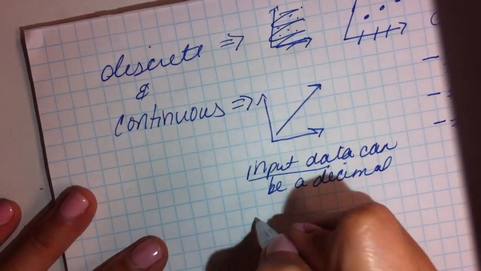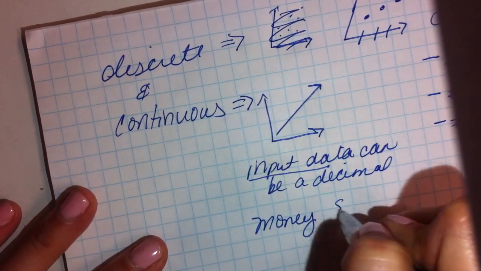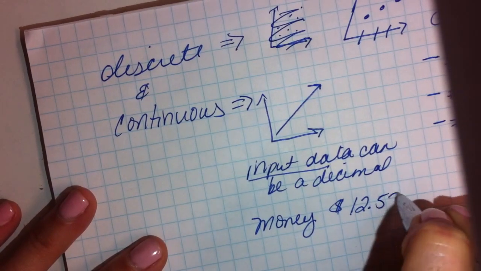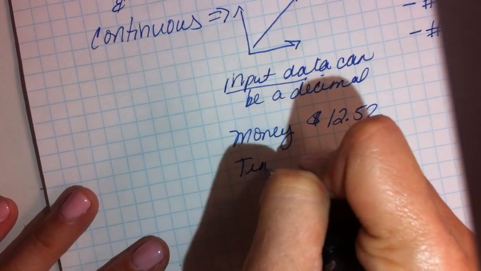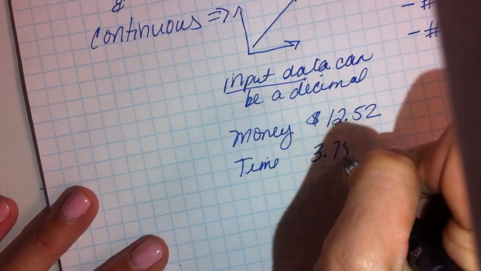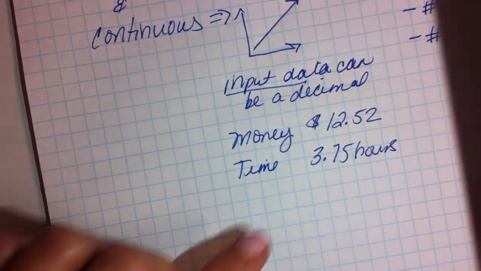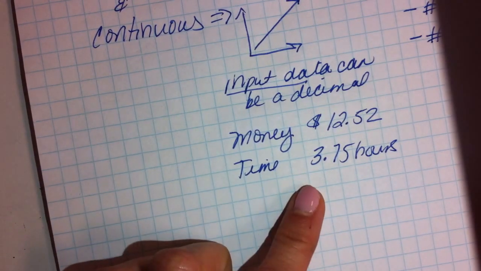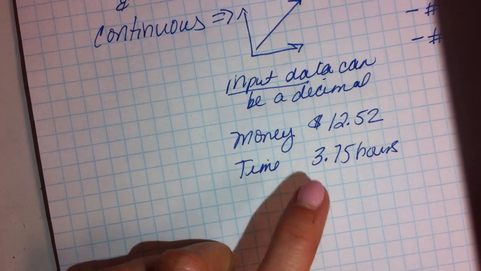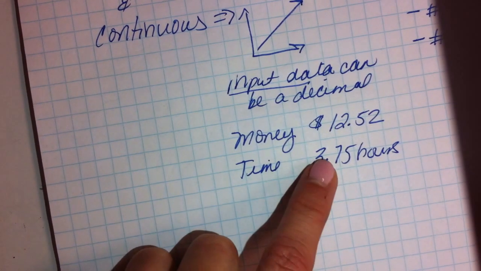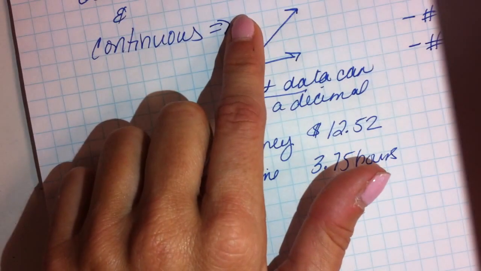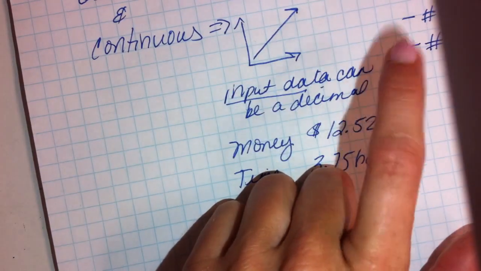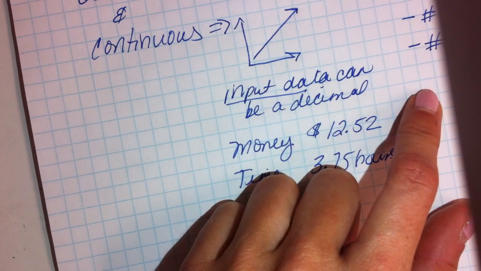For instance, money. Money can be a decimal. It can be $12.52. It can be time, 3.75 hours. Anything for your input data that can be a decimal is called continuous. So you only use discrete when your input data has to have a whole number.